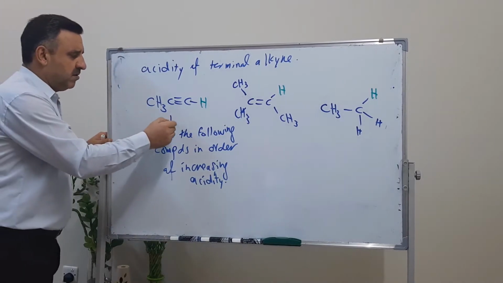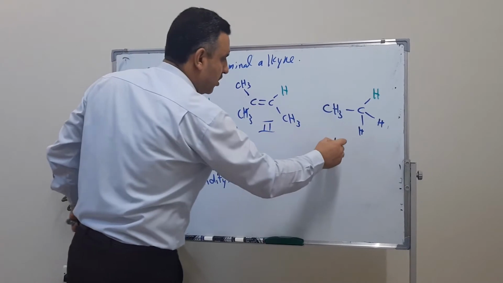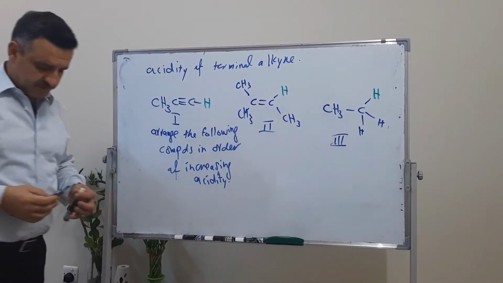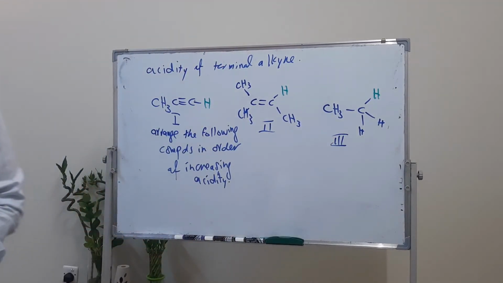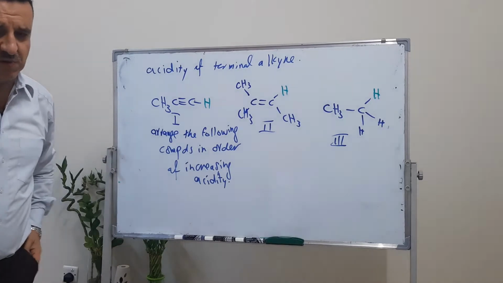Compound number 1 or compound number 2, or hydrogen number 1, hydrogen number 2, or hydrogen number 3, and why? What do you think? Which compound should be the strongest acid? The first compound, second, or the third, and why?